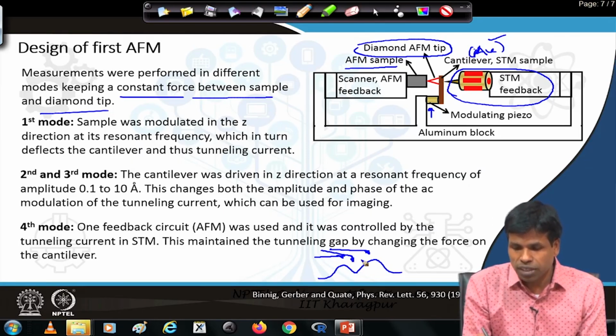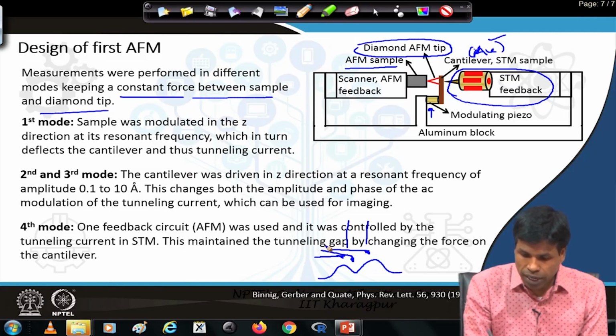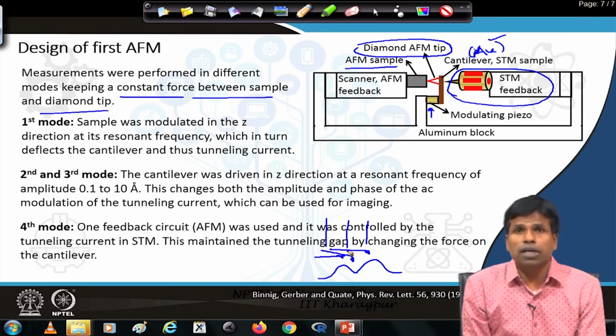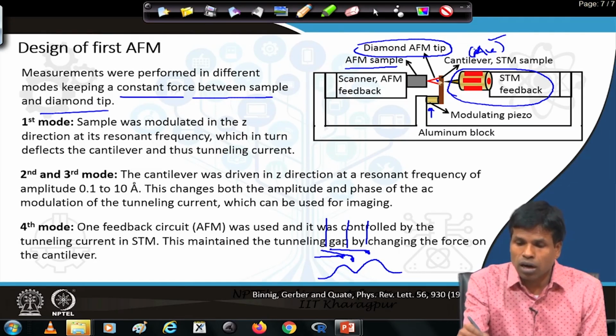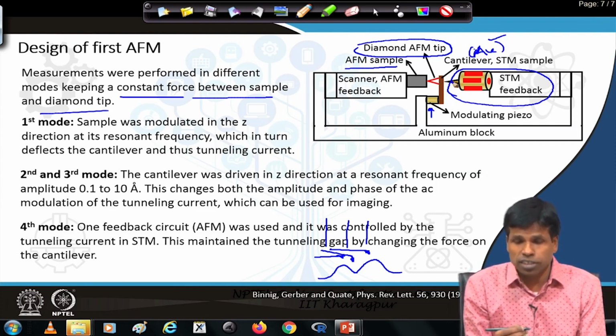Therefore the cantilever has to bend downwards or upward, and when the cantilever bends, the distance between the STM tip above the cantilever and the cantilever will be either far away or close. As the gap between the STM tip and cantilever changes, the tunneling current changes.